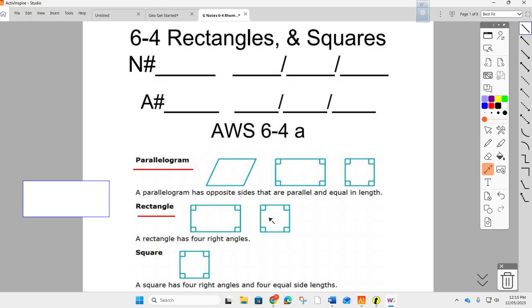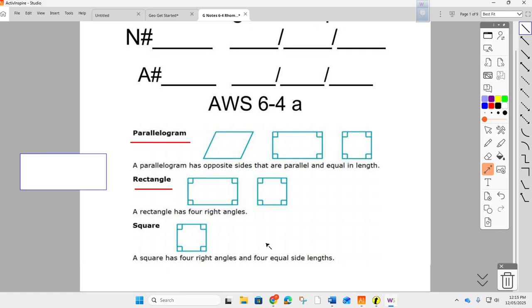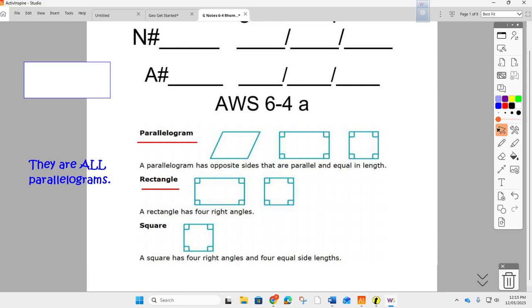Annalena? Yeah, so a square, all 4 sides are congruent, right? They're all the same length, which does mean that opposite sides are congruent and it has 4 right angles. So it's different. But remember, they're all parallelograms.